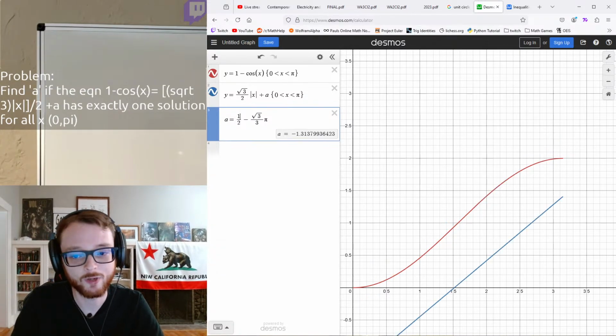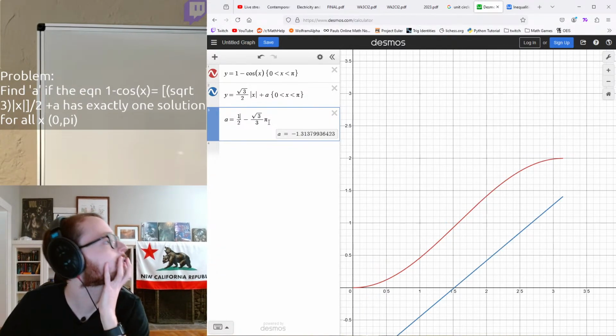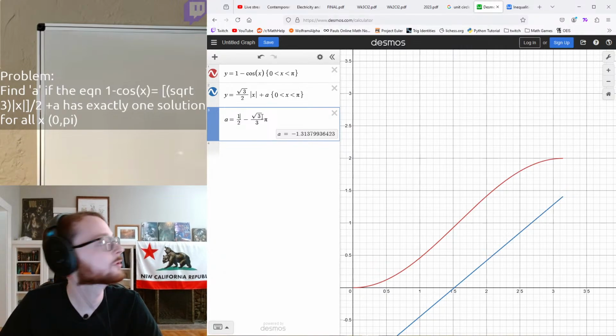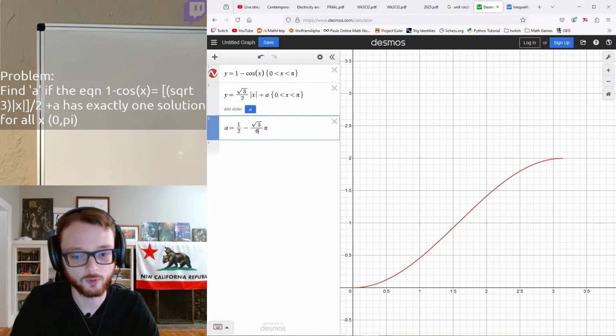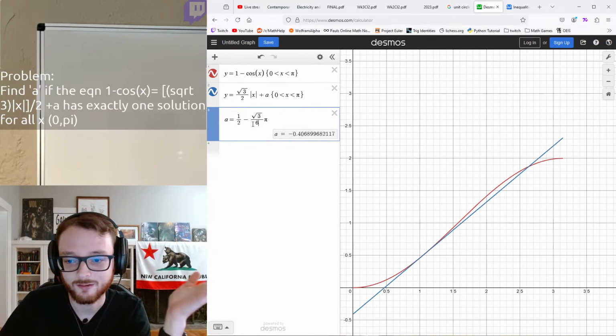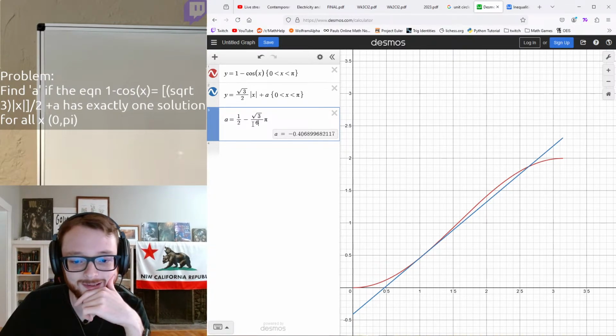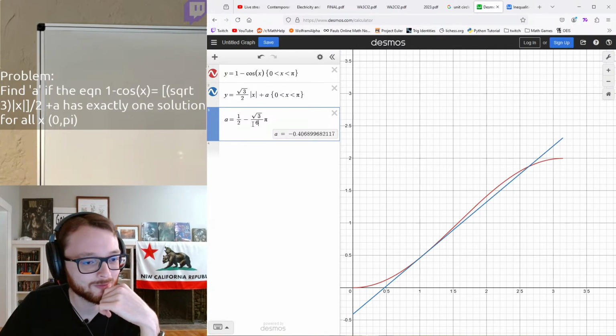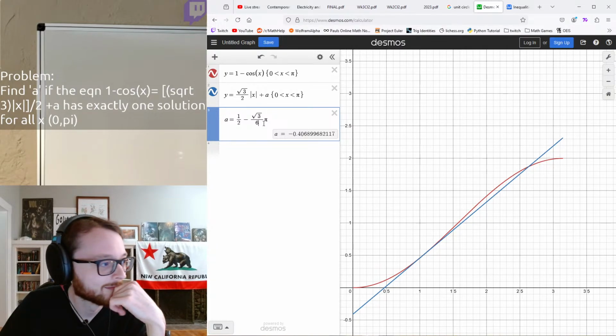The other solution should be 1/2. No? The other solution should be a 2 on the bottom. It should be root 3 over 6. Wait, this problem isn't possible. Or maybe it is. It is possible, just not with my technique. Oh my god.